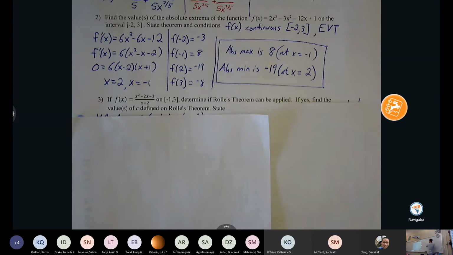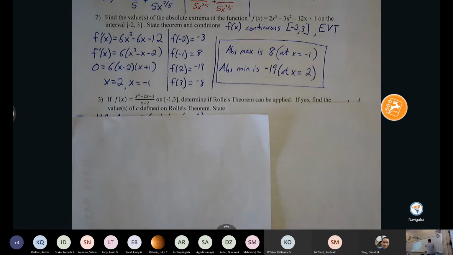So we need to confirm this, right? Rolle's theorem is very restrictive. We have to have a slope 0. So these endpoints have to be the same y value. So let's go ahead and find f of -1 and f of 3 and confirm if they're actually level with each other. If they're not level, then Rolle's theorem doesn't pass. Okay? So they have to be level with each other. They don't have to be zeros, but they just have to be the same y value.